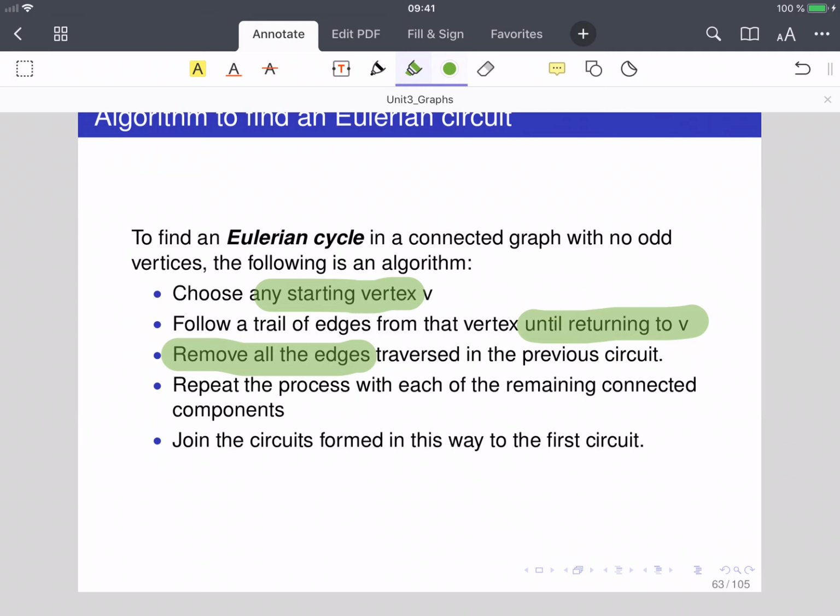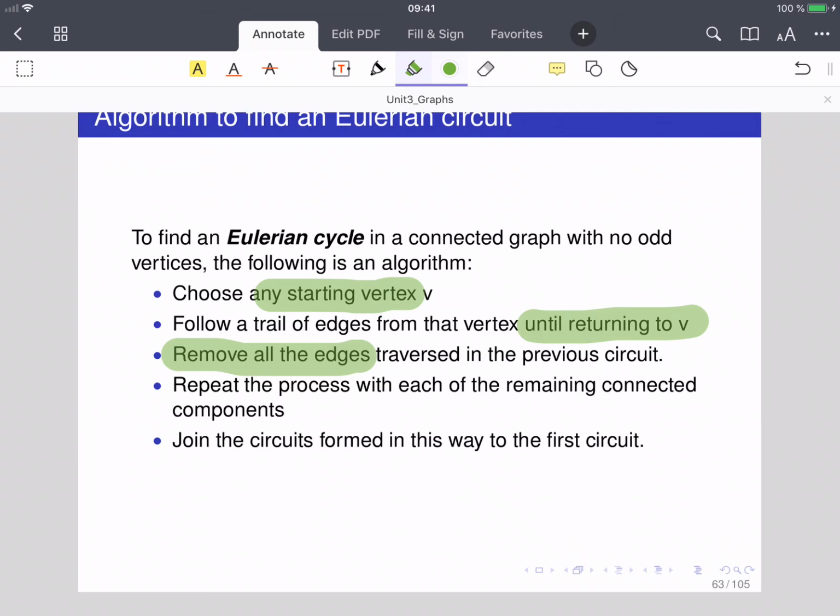But any of the connected components is now a graph which is of course connected, because it is a connected component, and in which all the vertices have an even degree. Why is it so? Because we have removed edges that form a cycle, so we have removed an even number of edges from each of the vertices. Because we have removed one edge to go in, one edge to go out.